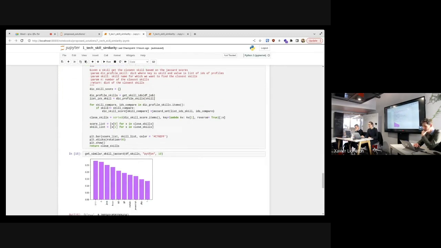You take Python and C++, and you look at how many jobs, or how many candidates, use Python and how many use C++. So same thing, it's intersection over union. And here we find that C++ is similar to Python, C, Java, Linux, SQL, Git, MATLAB, JavaScript. So this is better, according to me anyways.